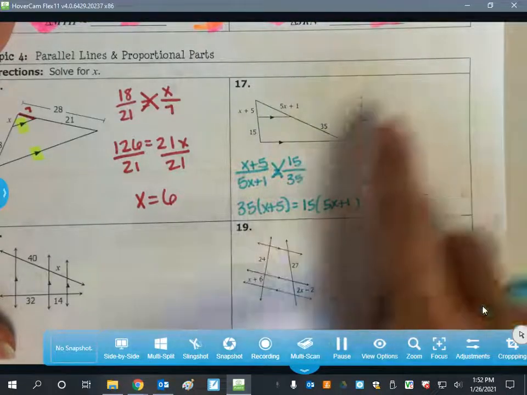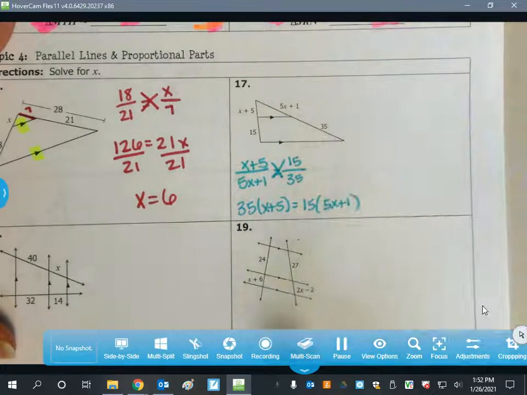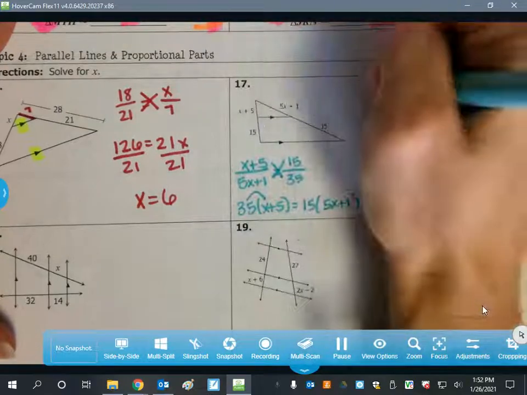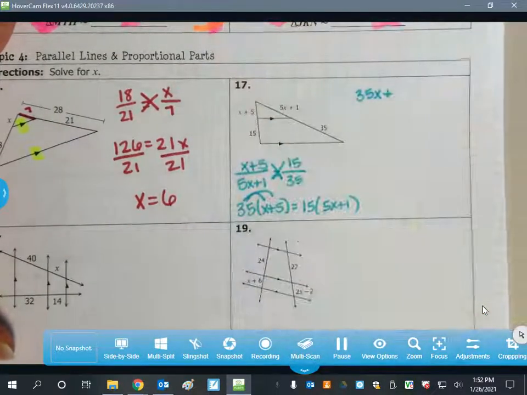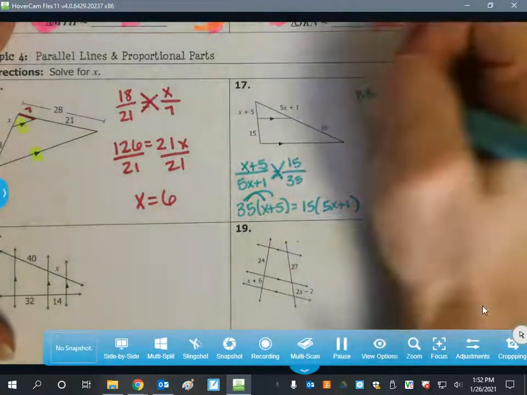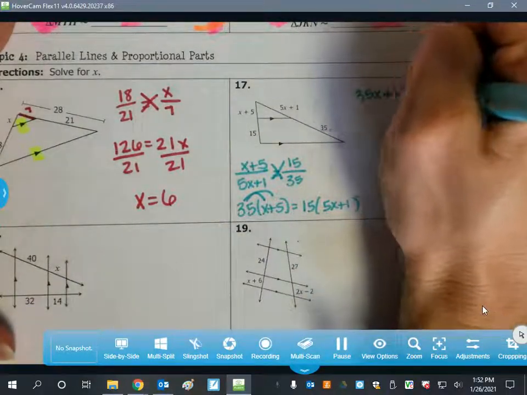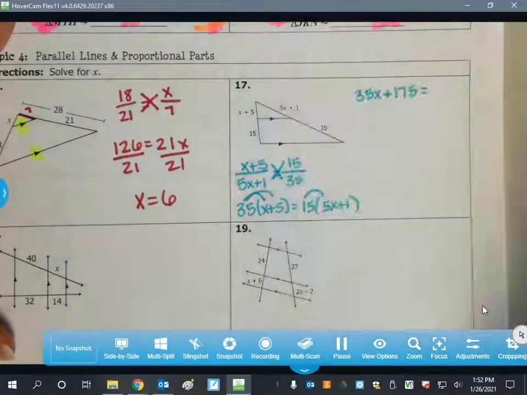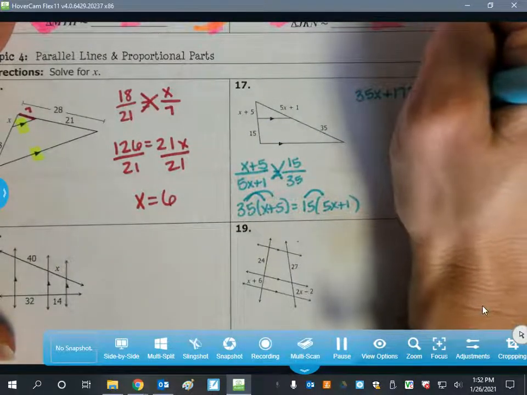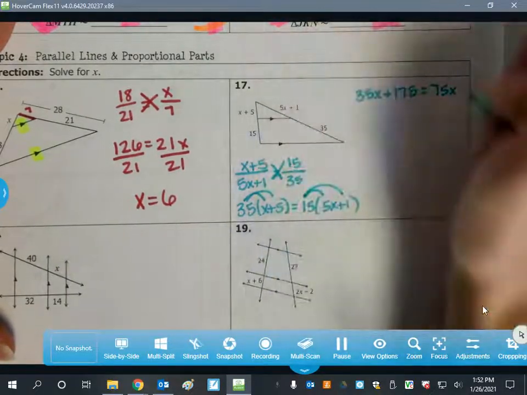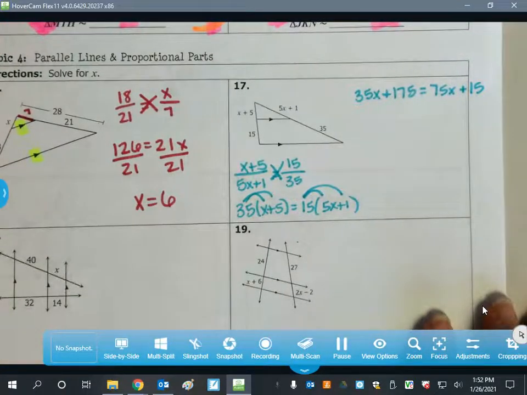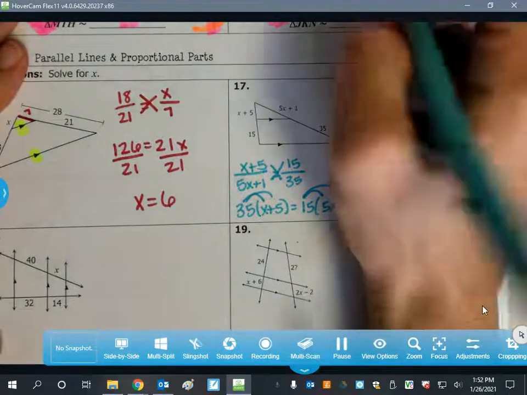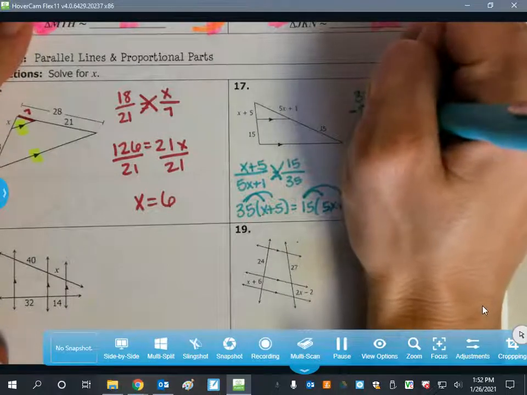And then we distribute. I'm going to write that up here so I have a little bit more room. 35 times x is 35x plus 35 times 5 is 175 equals 15 times 5 is 75x plus 15 times 1 is 15. I always move my smaller x, so I'm going to subtract 35x from both sides.